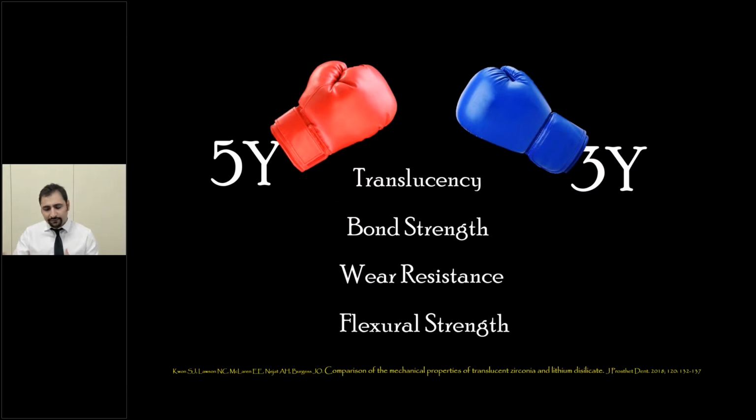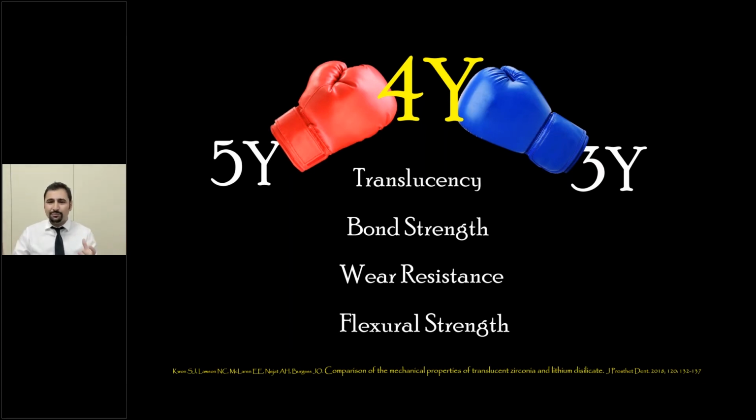Now that we have a new generation, further down the road, we started having 4Y zirconia. Now we have a 4Y zirconia. What does that mean in terms of translucency, bond strength, wear resistance, and flexural strength? So we can expect a sweet spot between translucency on one hand and flexural strength, because if you want to have higher translucency, you need to have more cubic phase, and higher cubic phase means less tetragonal phase and lower mechanical properties.